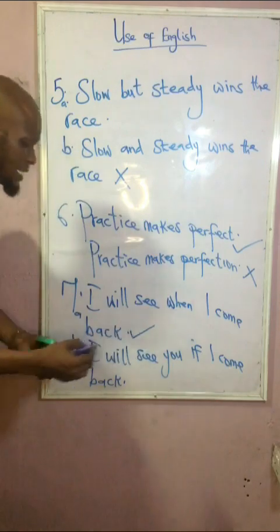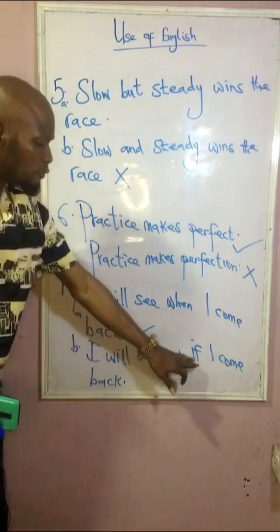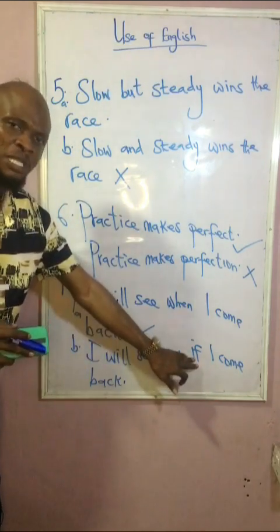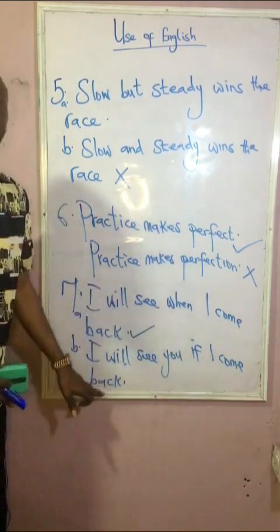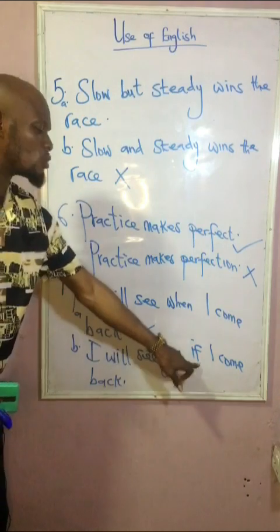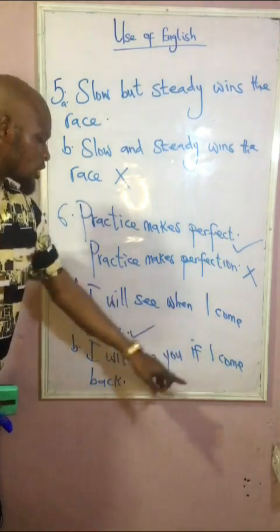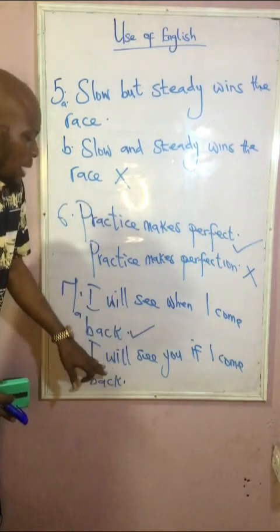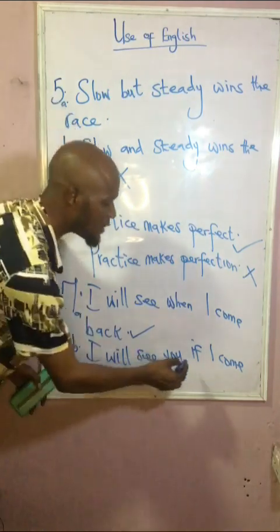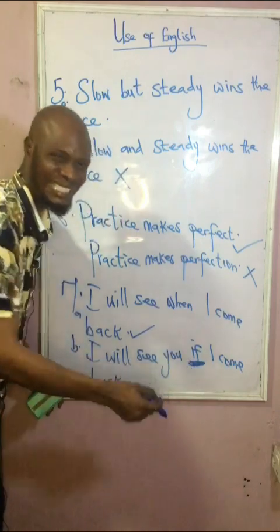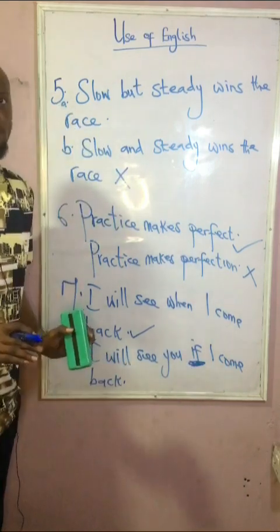The reason is the moment you have if in this expression, it simply means there is a doubt in your coming back. There is a what? A doubt in your coming back. As such, you can't have an expression of this form, I will see you if I come back. To use if here simply means you are doubting your coming back.